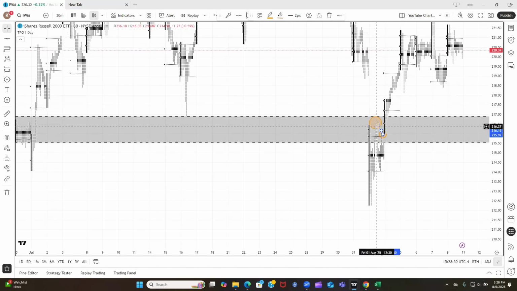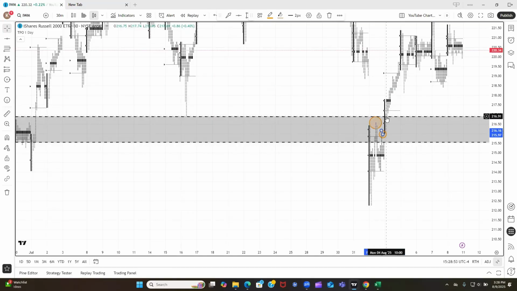I will personally have played the fade, which basically means I would sell because I know there's money sitting here. We've already run through it in the futures market the session before. So the likelihood of us fading back down, even if it's for 5 minutes, is there.